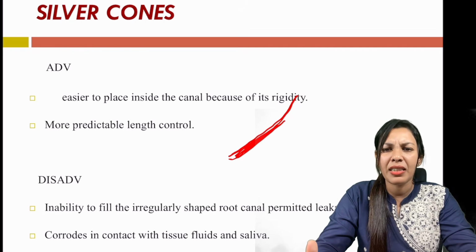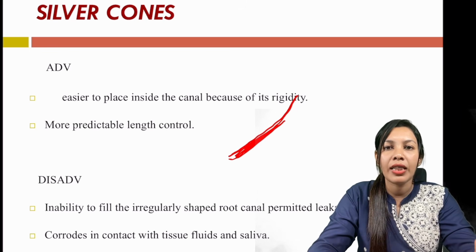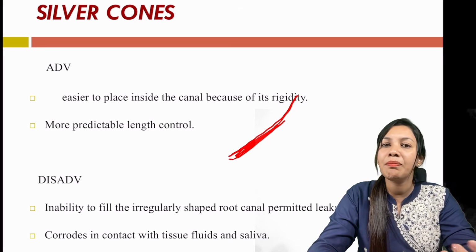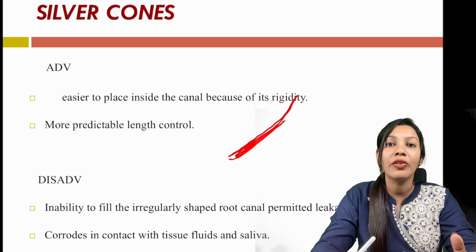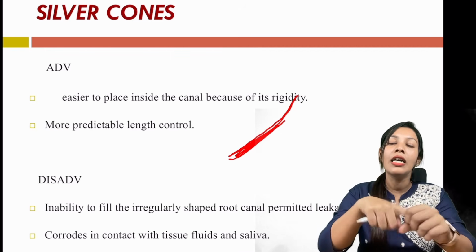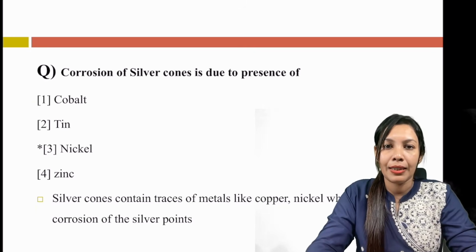There will be a large amount of voids, and sometimes, because of the contact of the silver points with fluid and saliva, it might cause corrosion. The advantage is that it can be easily removed even during retreatment because it is a single unit. So once we pull it out, it comes out very easily.